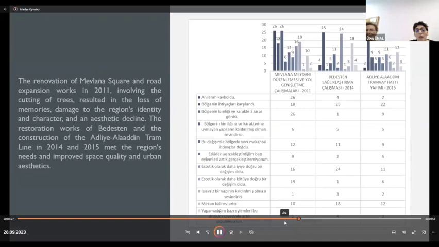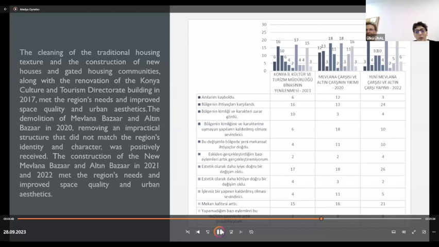The renovation of Mevlana Square and the road expansion works, the restoration works of Bedestan and construction of Adliye Alaaddin tramline. The cleaning of the traditional housing texture and the construction of new houses and gated housing communities. The renovation of Konya Culture and Tourism Pictorial Building.